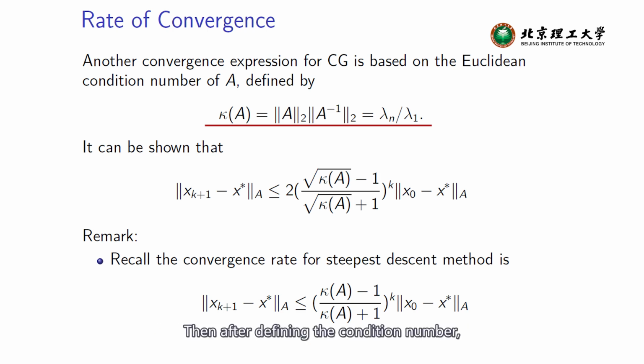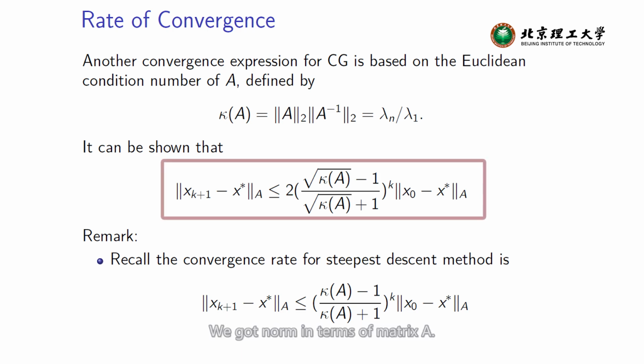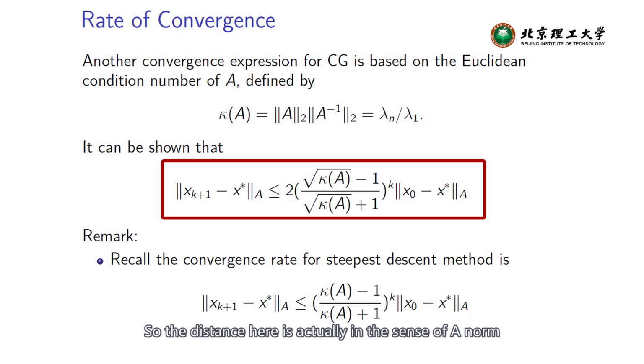All right? Then, after defining the condition number, the convergence can be expressed in the following form. We have the norm in terms of matrix A, okay? So the distance here is in the sense of the A norm.